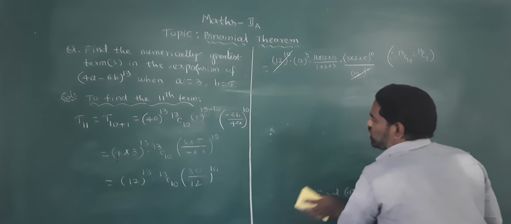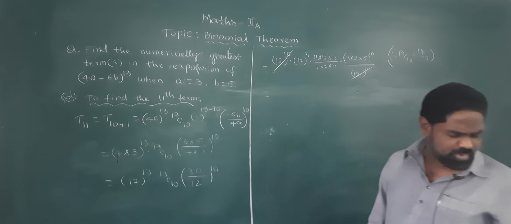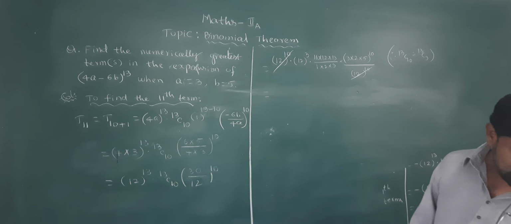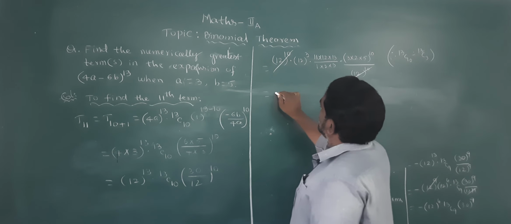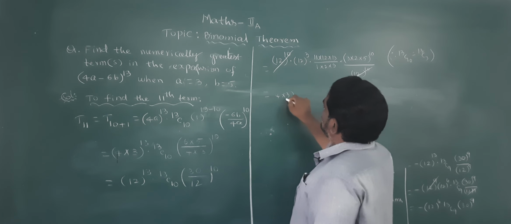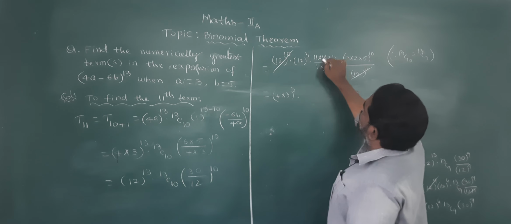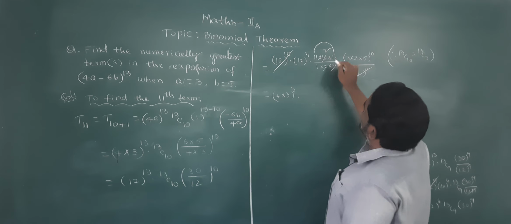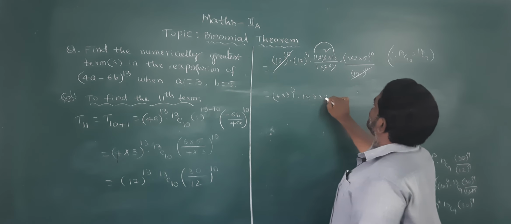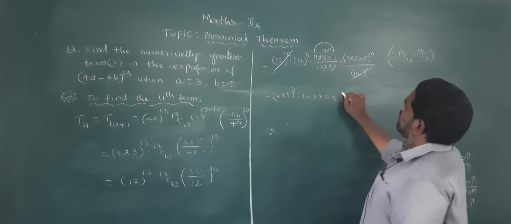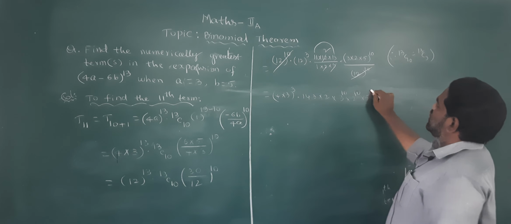Okay, this can be written like this. 12 power 3 can be written as (4 into 3) whole power 3, into 3 2 is 6, 2 is 12, 11 into 13, 143, into 2 into 3 power 10 here, 2 power 10, 5 power 10.